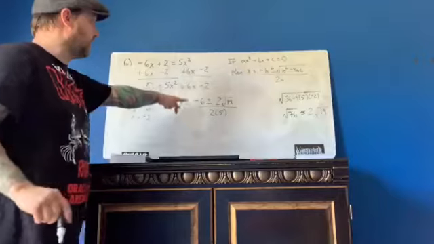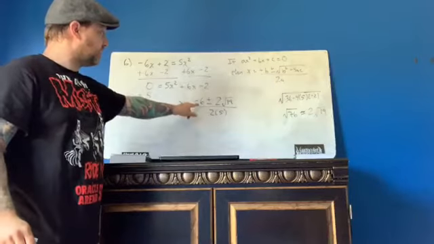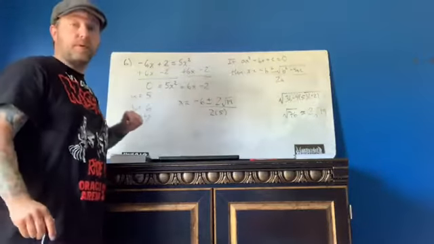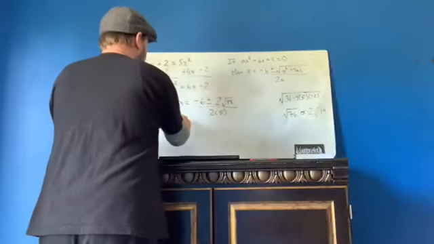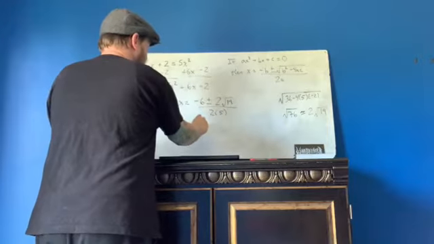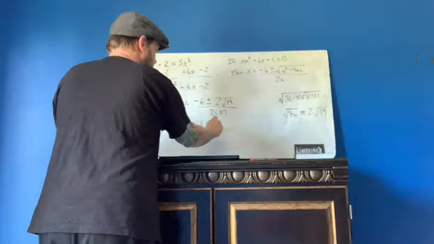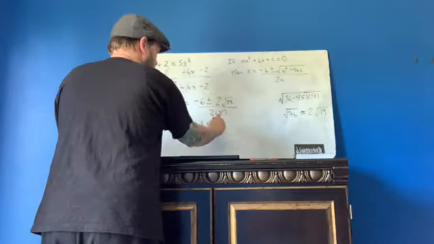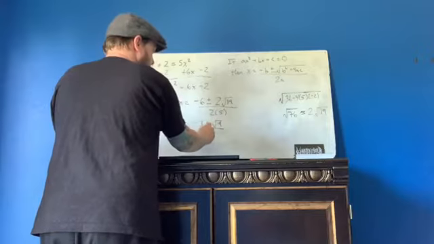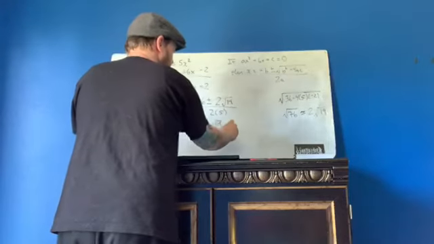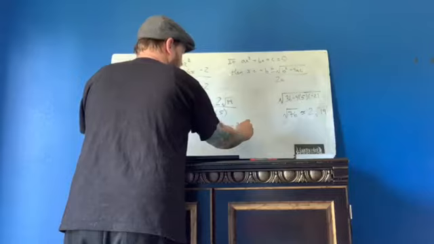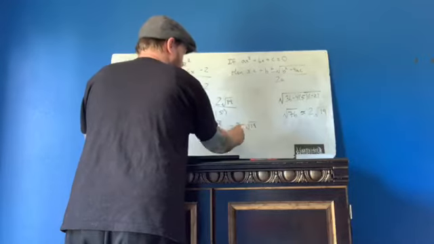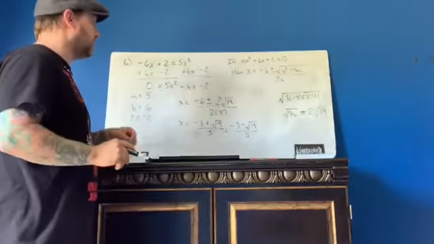Now, if I want to simplify this, I know 2 goes into both of those, so I can rewrite this as -3 plus root 19 over 5, -3 minus root 19 over 5.